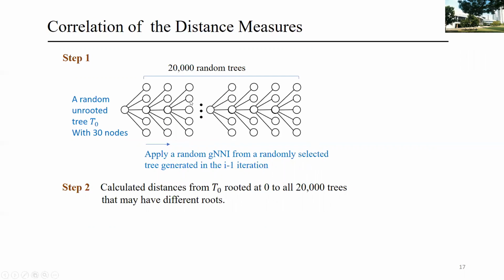In each step, we generate 5 new trees by applying the generalized nearest neighbor interchange on a tree from a previous step. In total, we had 20,000 trees. Next, we compute the distance from T0 to all 20,000 trees that may have a different root.